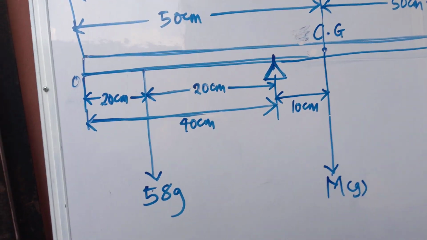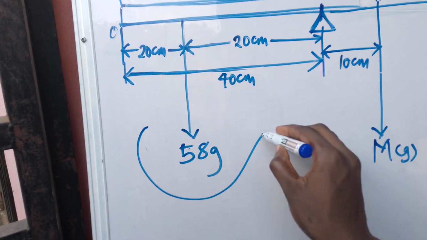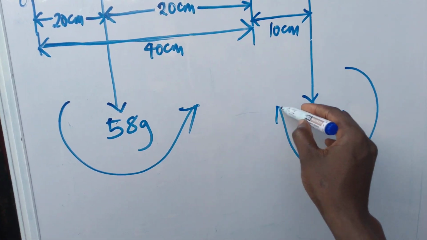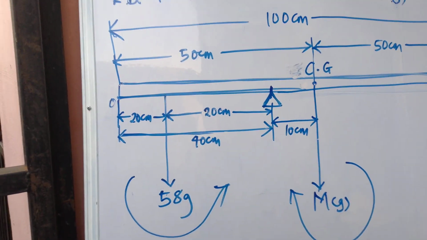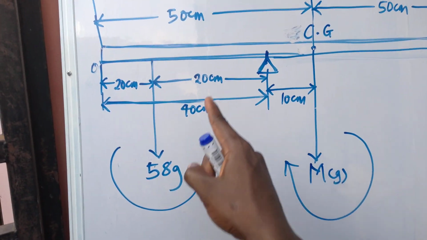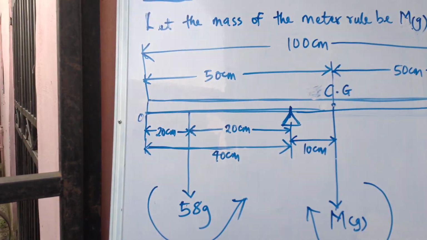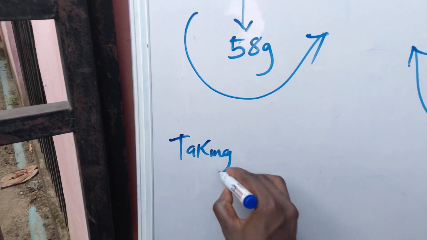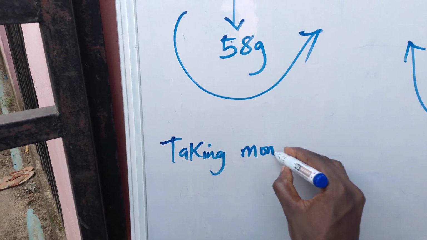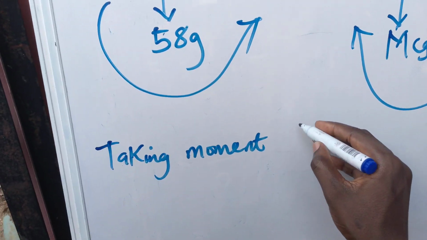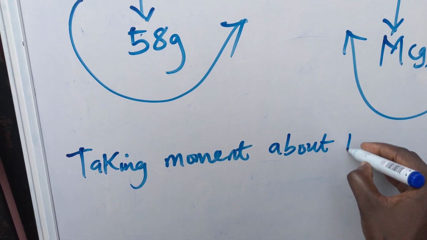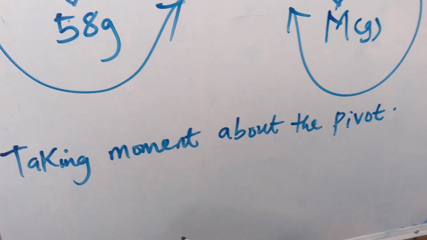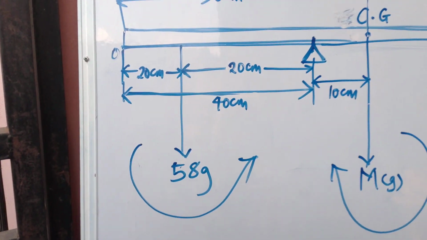Then we'll take moment in anti-clockwise direction with respect to the pivot, and you also take moment in clockwise direction with respect to this pivot. So you state that anti-clockwise moment is equal to the clockwise moment. So taking moment about the pivot, this is our pivot.